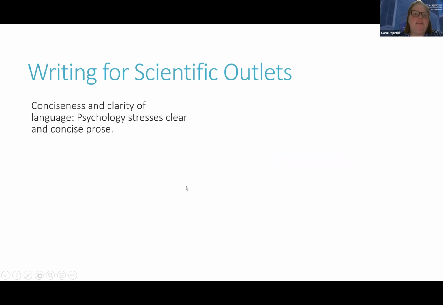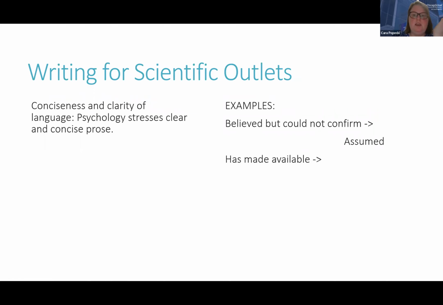So you also want to be concise and you want to be clear with your language. Psychology in particular stresses clear and concise prose. So some examples. If you said believed but could not confirm, there's a shorter way of saying that. You can just say assumed. If you wanted to say they have made it available, there's a shorter way of saying that.